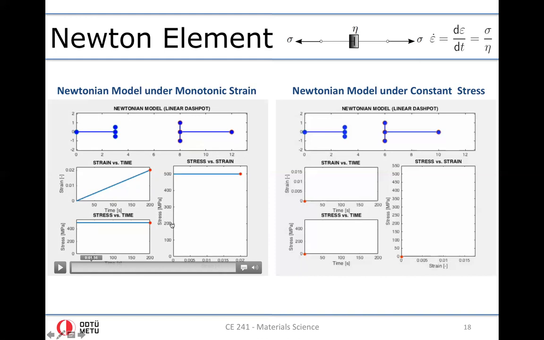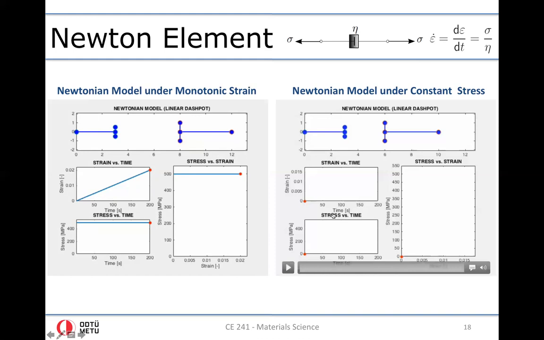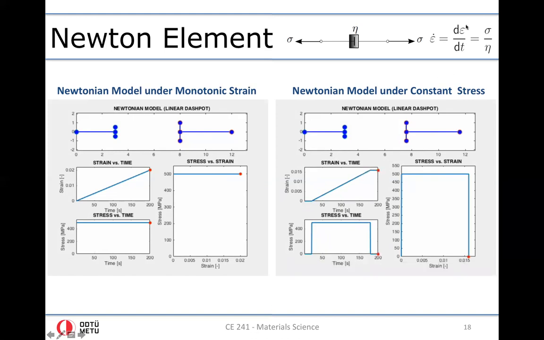And when you draw the stress versus strain, since strain is increasing monotonously and stress is constant, we have a horizontal line. What happens if you subject this to constant stress? As you see, at 20 seconds, I increase stress from 0 to 500 megapascals and observe what happens to the strain. This equation says that when stress is constant, the rate of the strain is constant.